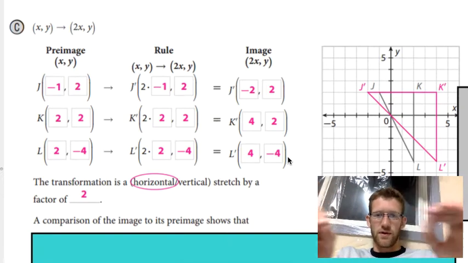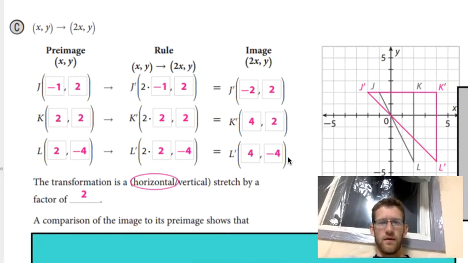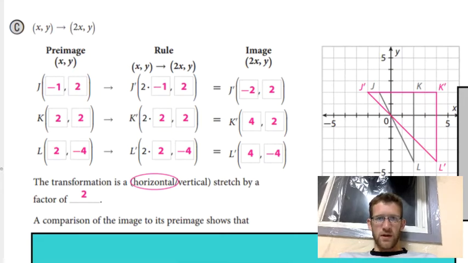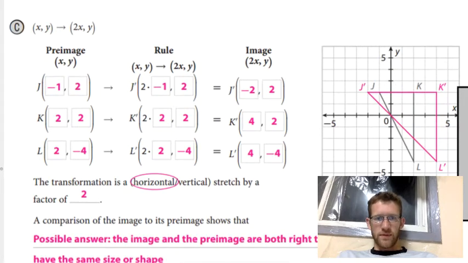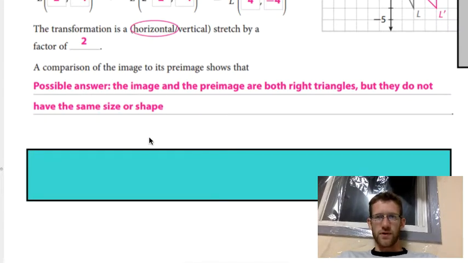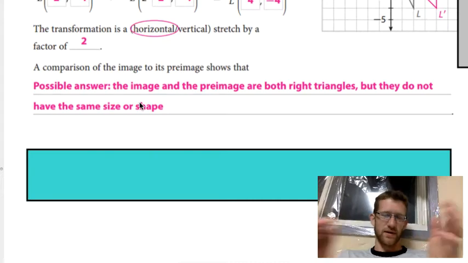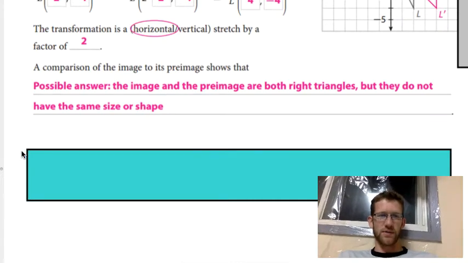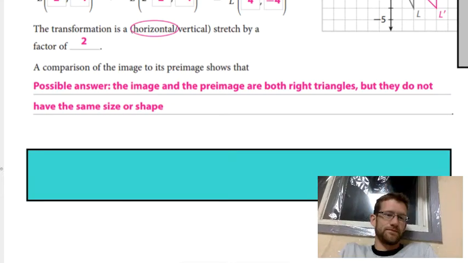We took each corner and stretched it out. And we talked about those already. Yep. So the image and the pre-image are both right triangles, but they don't have the same size and specifically the same shape. They're both right triangles, but they're different right triangles, right? The angles aren't the same.